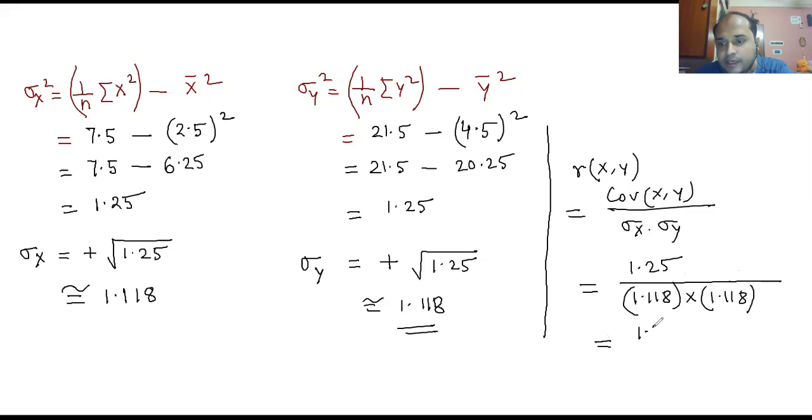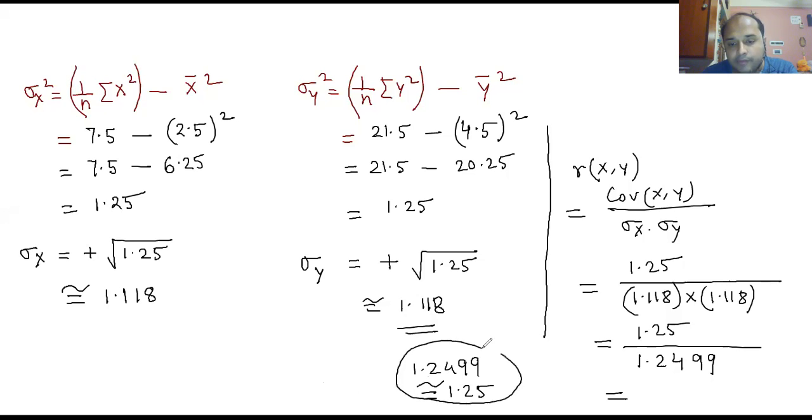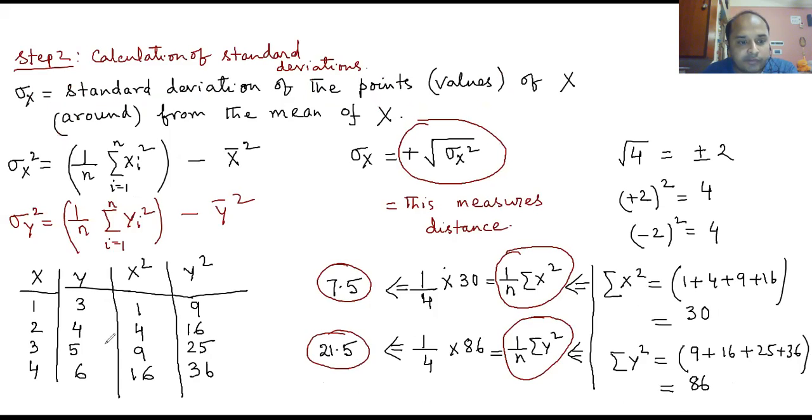So I'm going to calculate 1.118 squared, which is 1.2499. Up to 2 decimal places it is approximately equal to 1.25. So we have 1.25 by 1.25, which is equal to 1. So my correlation coefficient is 1.